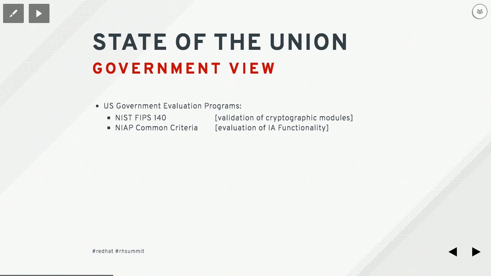And so, being here from the government, I'll give you a quick view of the government on these things. There are two big US government evaluation programs that everybody's probably heard of. One is NIST's FIPS 140 program for evaluating cryptographic modules, and the other one is Common Criteria, which is executed by NIAP, the National Information Assurance Partnership, which has to do with expressing the IA functionality requirements in products.